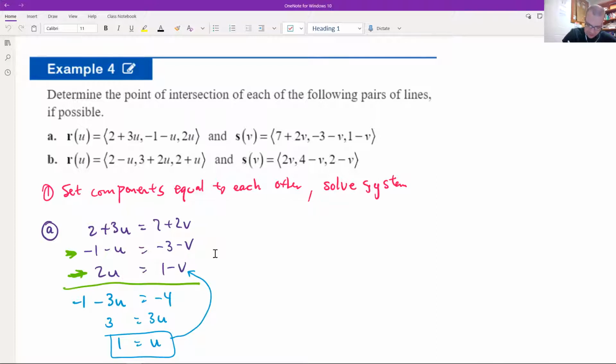So what we're going to get is 2 times 1 equals 1 minus v. And solving for v there, we would have negative 1. If v is negative 1, then it's like 1 plus 1, and we get 2. Okay. So there's our other one.